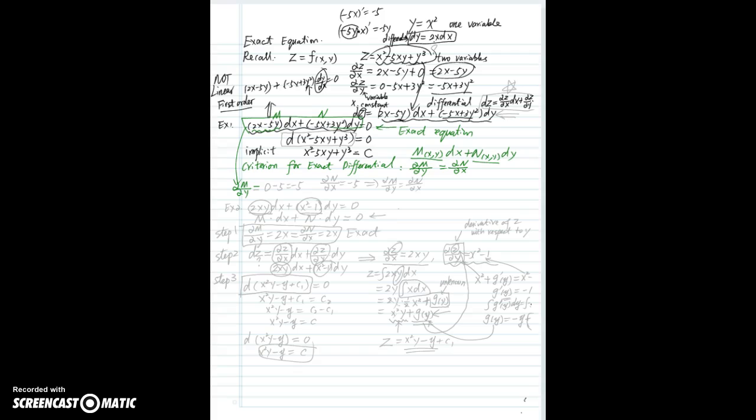So 2x is constant, its derivative is 0, and the derivative of negative 5y is negative 5, so we get negative 5. And we take the partial derivative of the other function with respect to x, so we get negative 5 plus 0. And you can see they're equal to each other. So partial m over partial y equals partial n over partial x. That makes example 1 an exact equation.